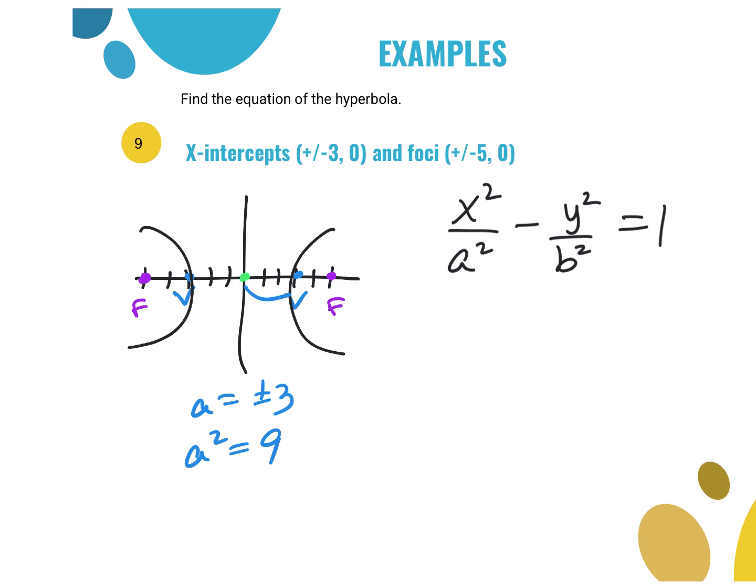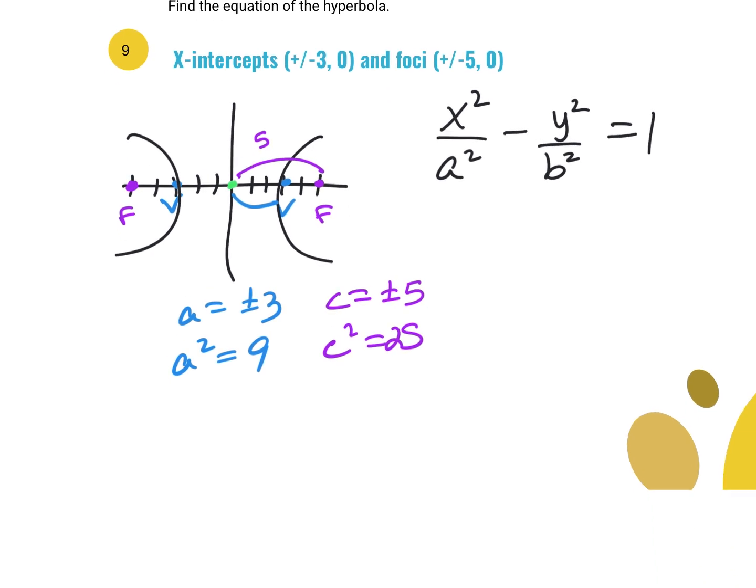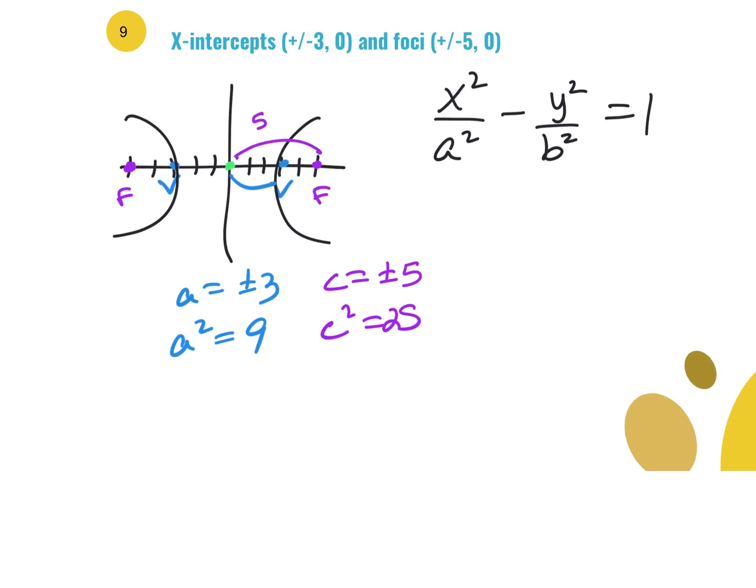And then the c value is the distance from the center to a focus. And we can see from here, it's going to be 5. So c is plus and minus 5. So c squared is 25. So now to find b squared, which is all I need to always find, is a squared and b squared, I'm going to use the equation c squared equals a squared plus b squared.